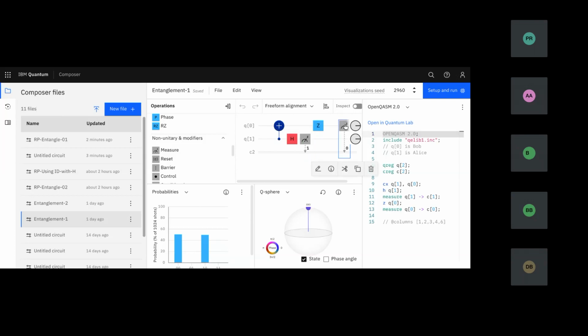So if you look here, and then you can look at the measurements, and you can reset it, and you can rerun it. So basically, this is one of the states.